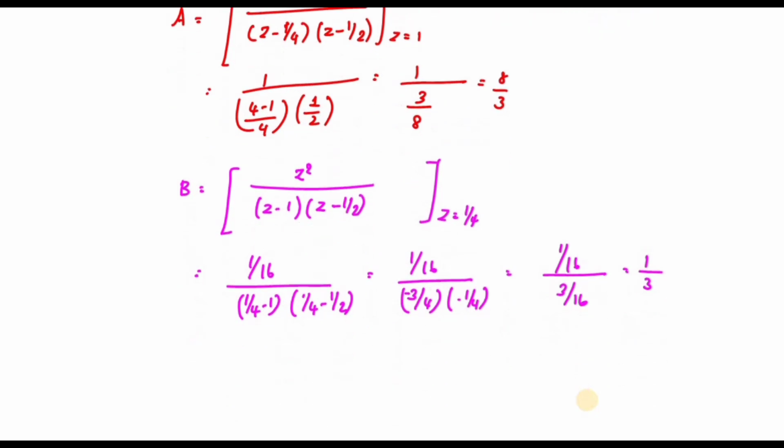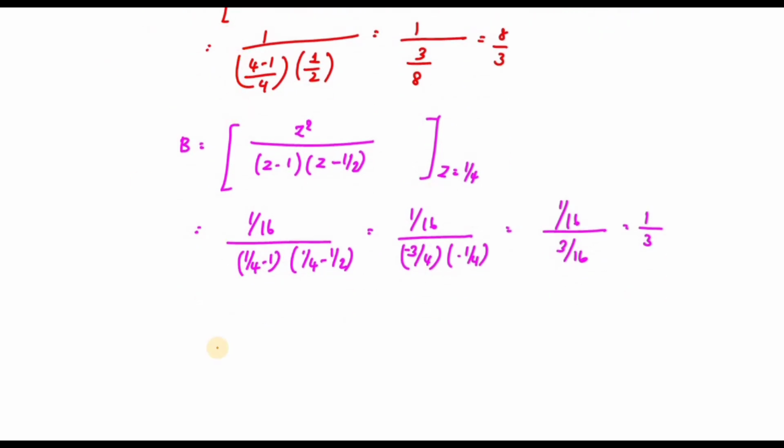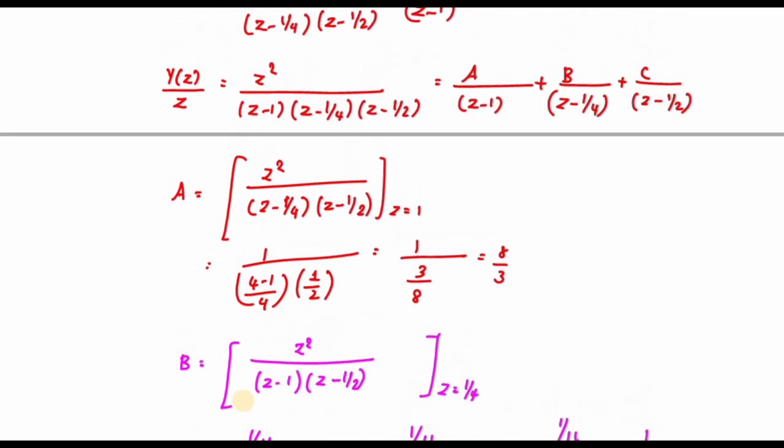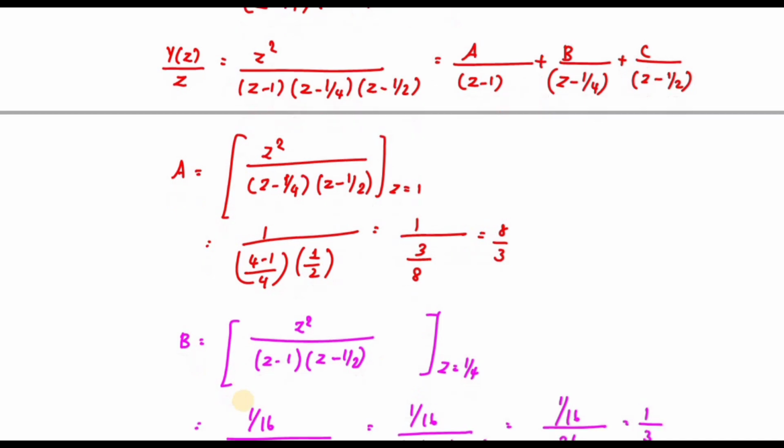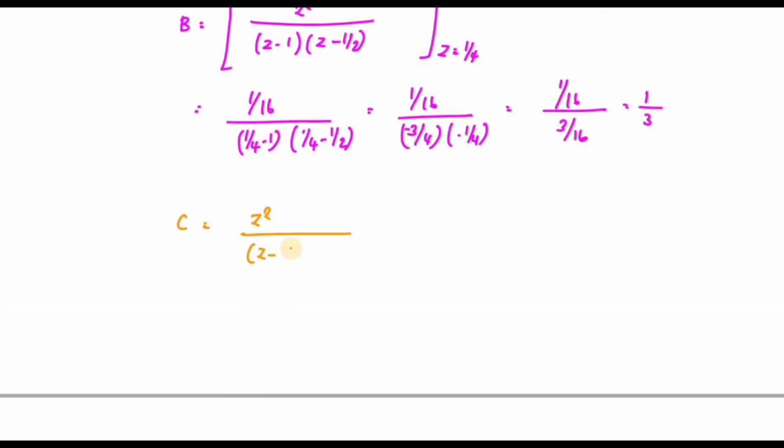Okay, in a similar way I can substitute for C. So what is C? C is equal to z square divided by z minus, so I am going to substitute z is equal to 1 by 2.